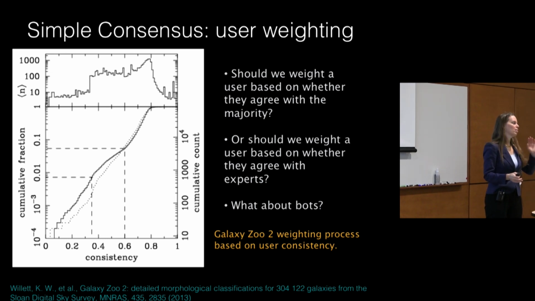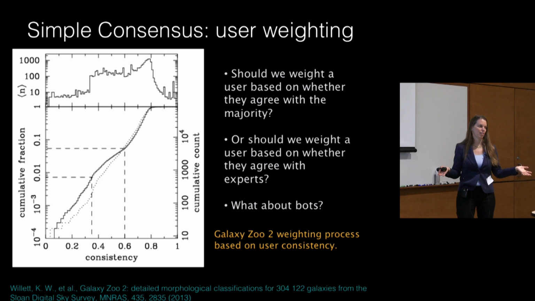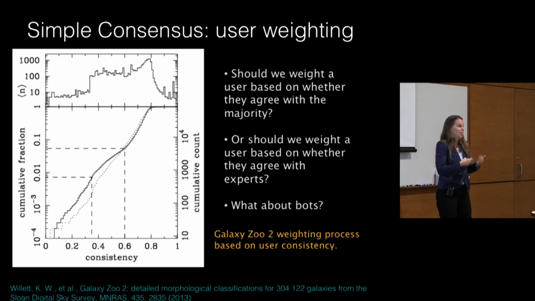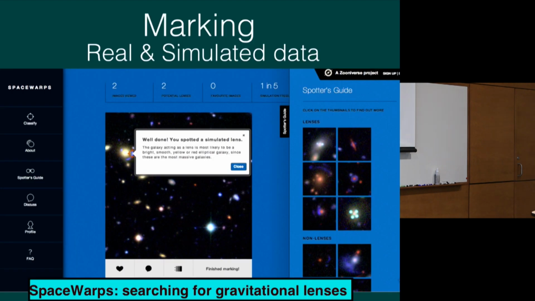You cut out the bottom 20%, say, and you continue iteratively until you get to a level of purity that you're interested in for your data. So again, the consensus algorithm is what the science team wants, effectively. It's their job at some level to develop the consensus algorithm based on their research criteria.